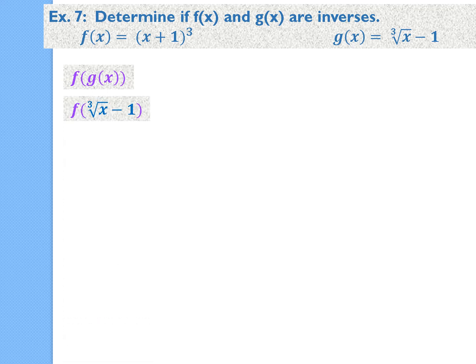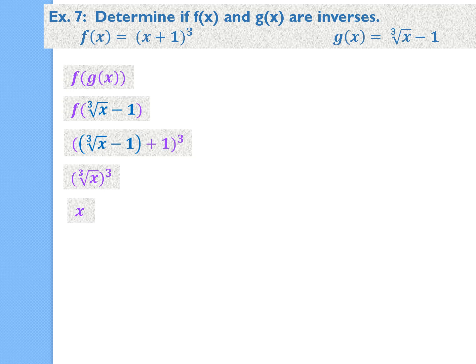So what this means is anywhere I see an x in f of x, I'm going to substitute in the cube root of x minus 1, like so. Well, that minus 1 and that plus 1, they cancel each other out. So I'm left with the cube root of x cubed. Well, cubing the cube root undoes it, and we're just left with x.